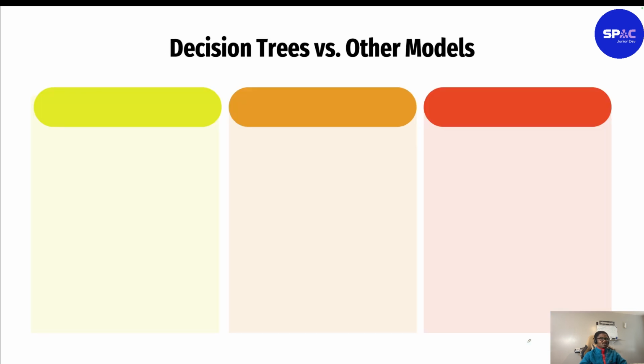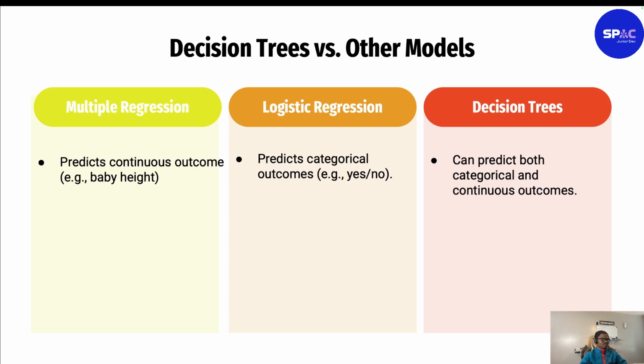Okay, so now let's compare decision tree with other models that we know. All right, so the first thing is, multiple regression can predict continuous outcome like baby height. It can tell you the height of the baby, maybe 3 feet.